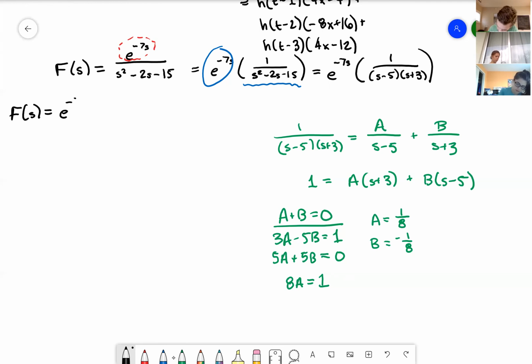This is going to be e to the minus 7s times one-eighth over s minus 5 plus B over s plus 3.